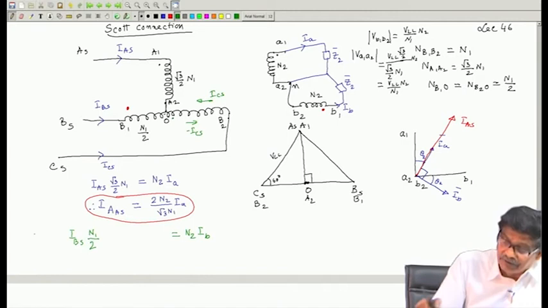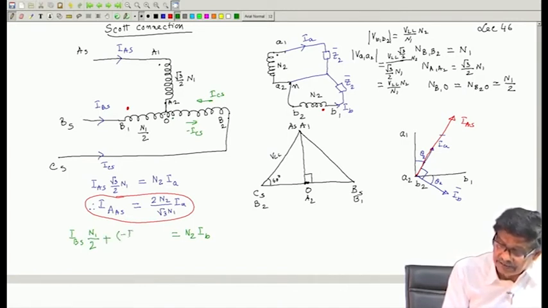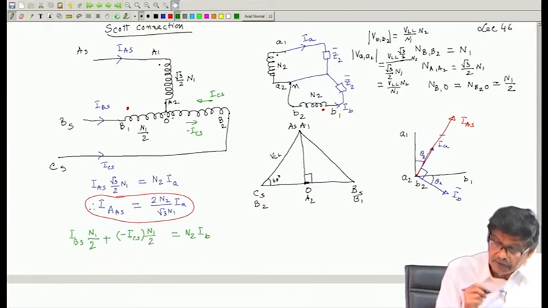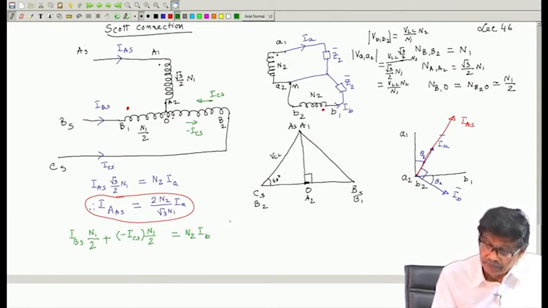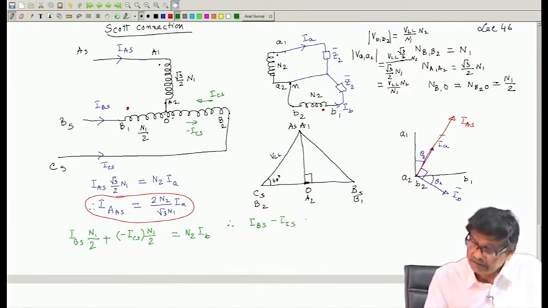So, through the dot, what is the current flowing? Minus I_CS into N1 by 2. Therefore, we get I_BS minus I_CS is equal to 2 N2 by N1 into I_B.